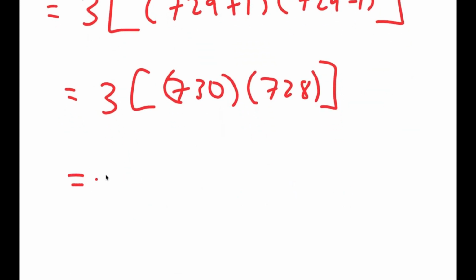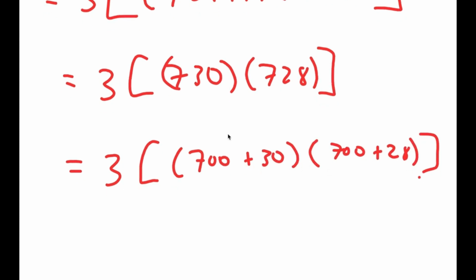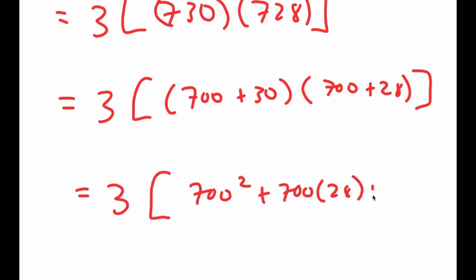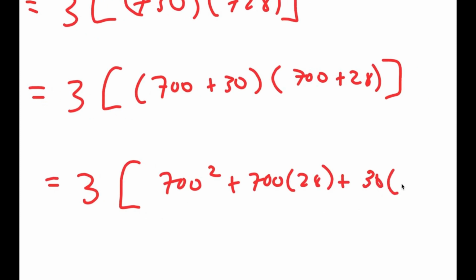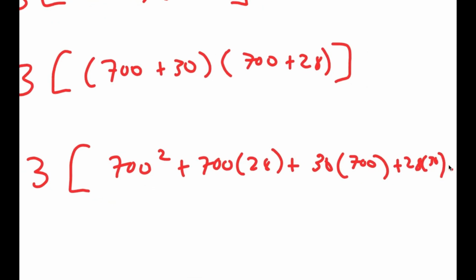So from here, I'm going to rewrite this as (700 + 30) times (700 + 28). So this is equal to 3 times (700 squared + 700 times 28 + 30 times 700 + 28 times 30).